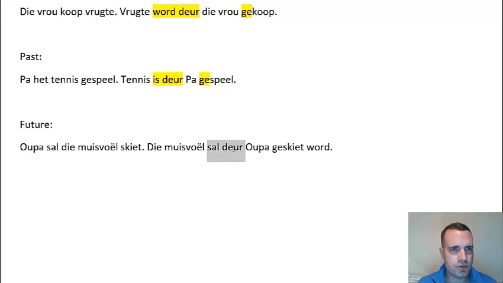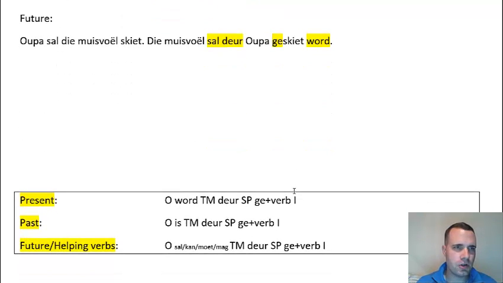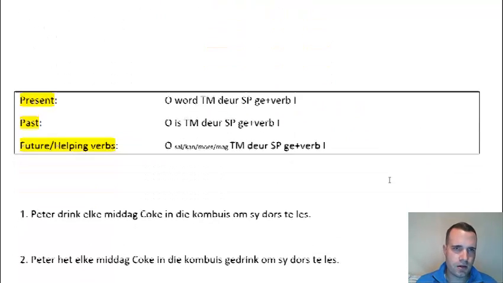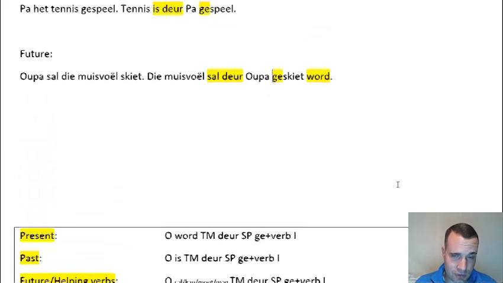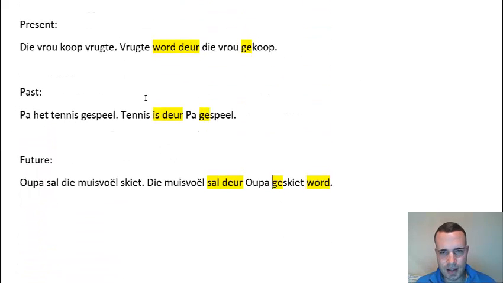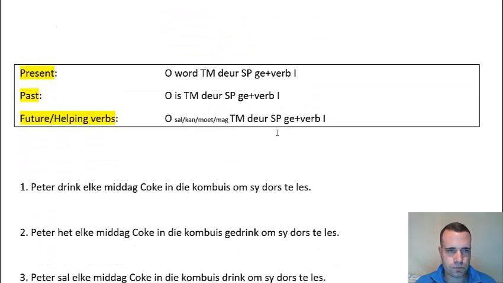So in future tense you use sal deur and then word and ge. Okay? So that's very different, very confusing perhaps, but if you look at this now, the other thing is that these sentences are quite short. There's no time, there's no manner, there's no place, there's no infinitive in these sentences.